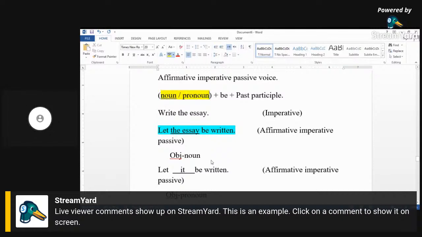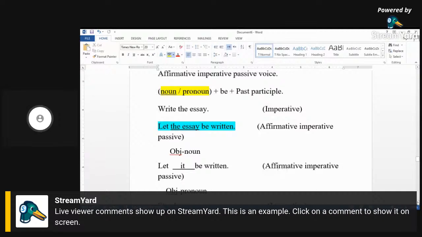The noun in our sentence is essay. Whenever we would like to change it into the pronoun, we use it instead of essay. Let it be written. So this is the passive form when we have a pronoun.